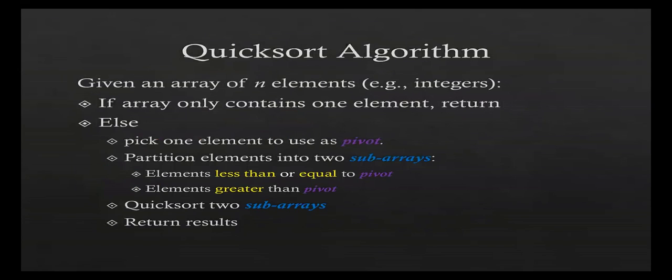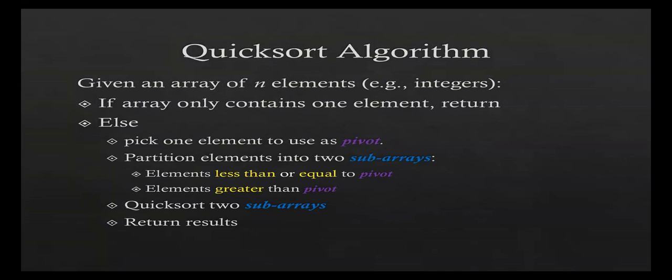So let's look at the basics of quicksort. If we want to define quicksort, what can we say? For example, we are given an array with n elements, and the elements are integers. First we check if the array contains one element. If it does, we don't need to sort, because the array has only a single element.